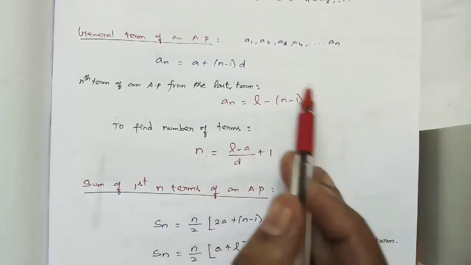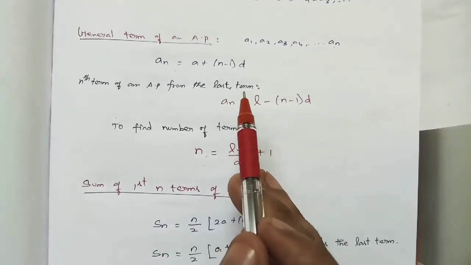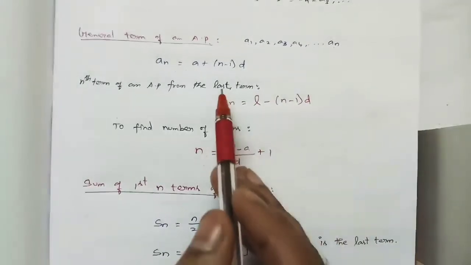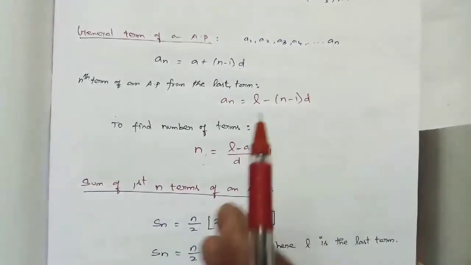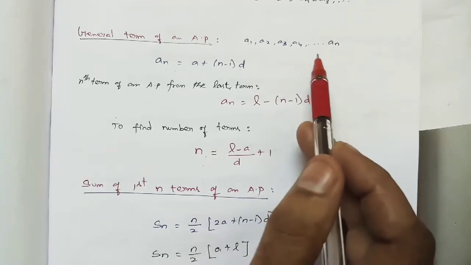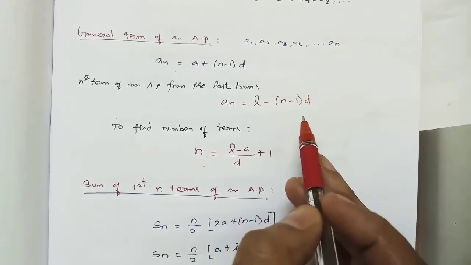We use this formula when we want to find a particular term from the last of an AP. For that, surely we need to know the last term of the AP. Suppose we are asked to find the 18th term from the end.